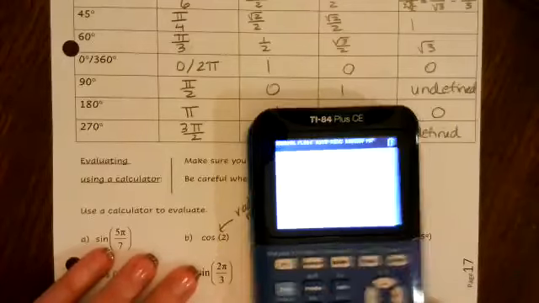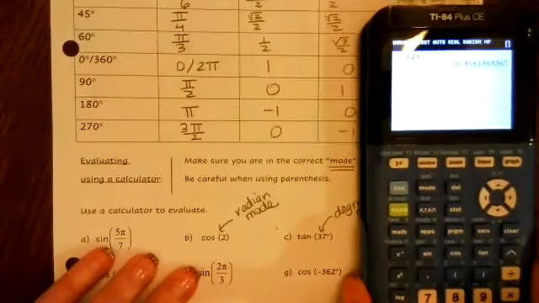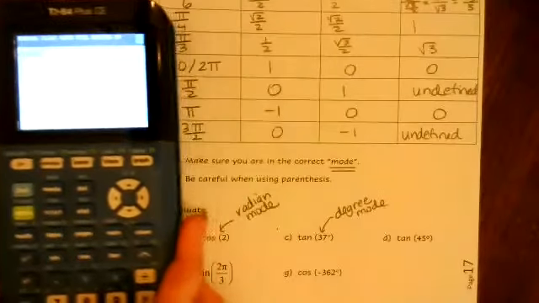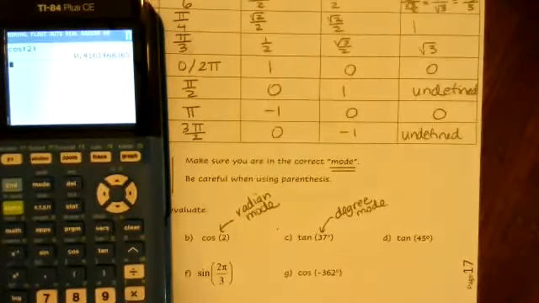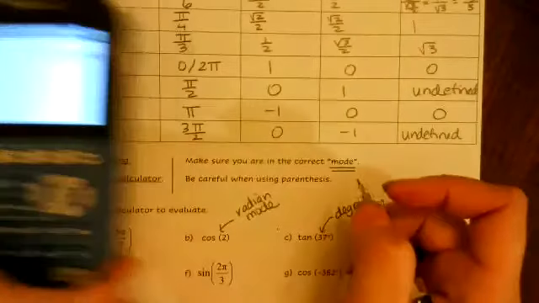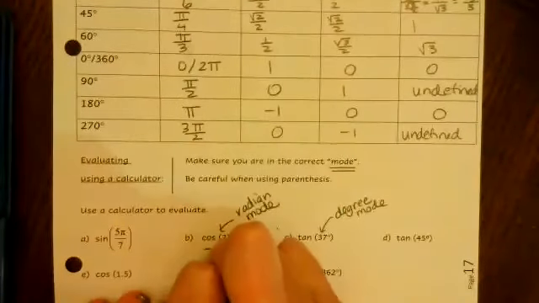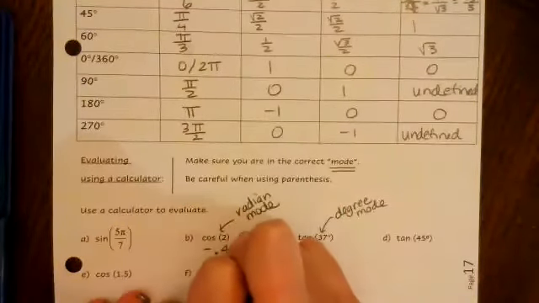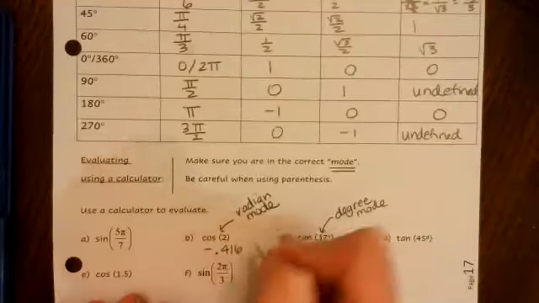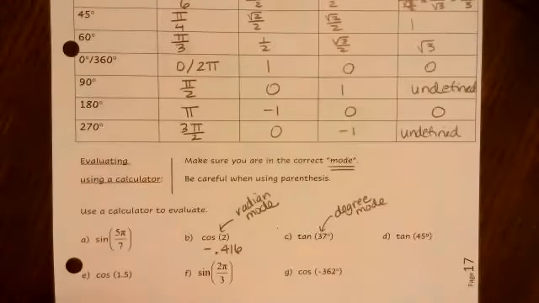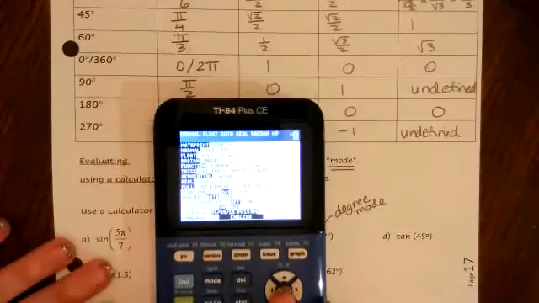And so our answer, we do keep that in 3 decimal places. Sorry, got a little glare there. There we go. You would want to keep it to the 3 decimal places. So this would be -0.416.